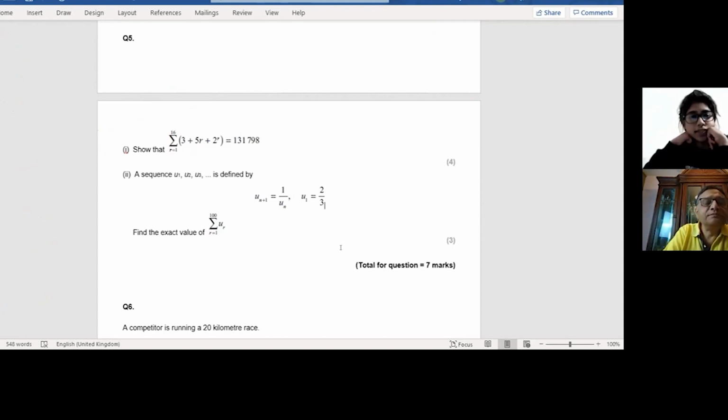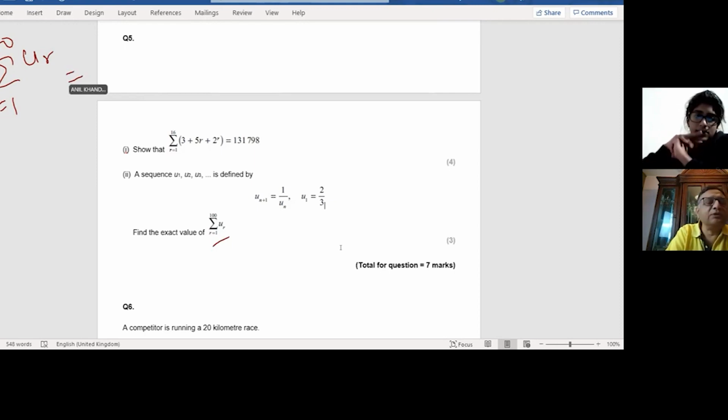Sorry, part 2. A sequence U1, U2, U3 is defined by U(n+1) equals 1 over Un, where U1 is 2 over 3. Find the exact value of the sigma of r equals 1 to 100 of Ur.